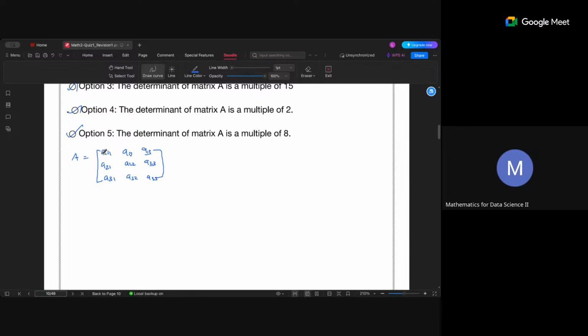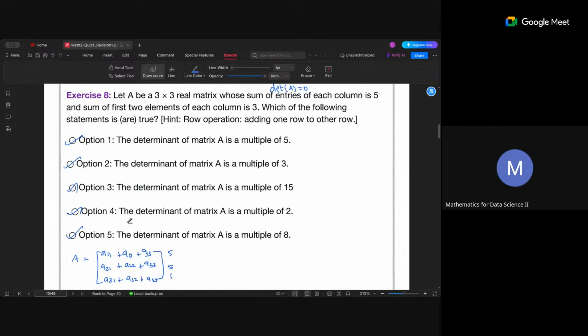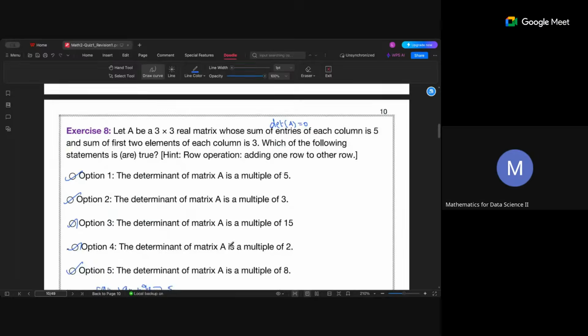Now, sum of each column. Column-wise, if you add them, you know that the sum is 5, 5, and 5. So the sum of entries of each column is 5.